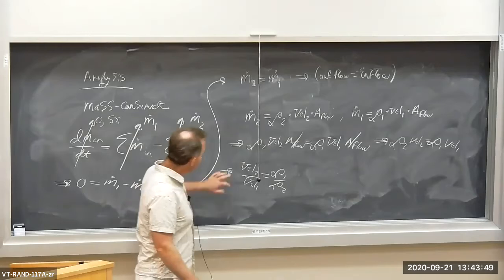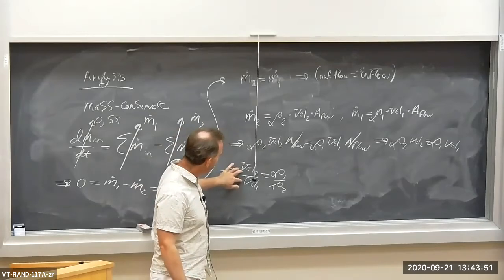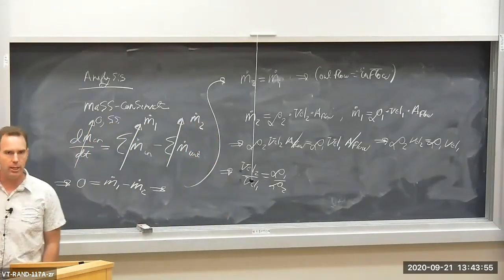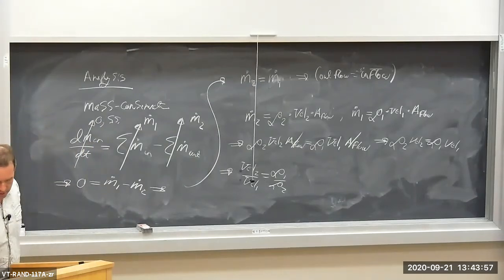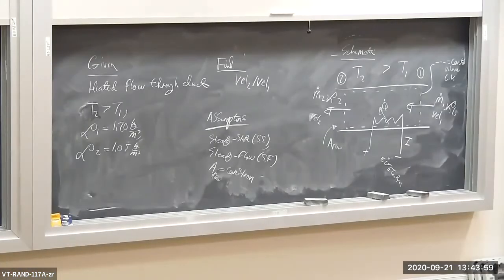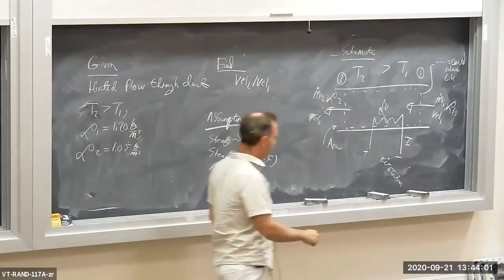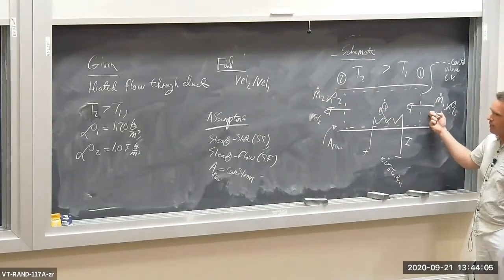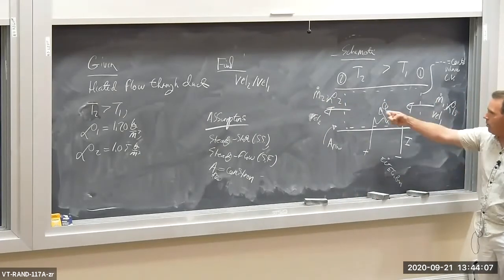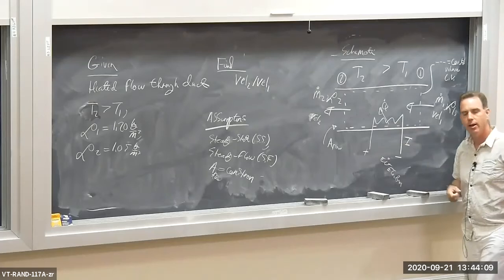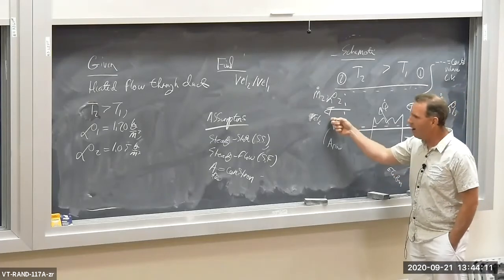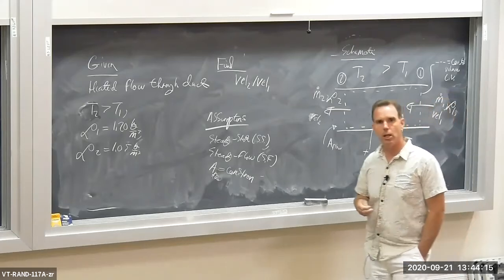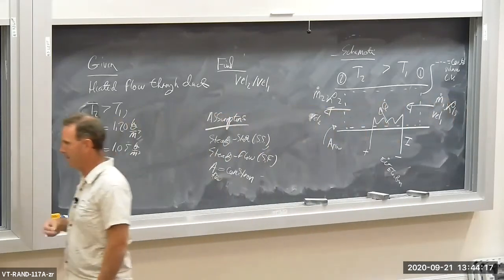So the ratio of the outlet to the inlet velocity is equal to the inverse of the ratio of the densities. What that says is, my inlet density is highest and the outlet density is lowest, that means my outlet velocity is going to be high and my inlet velocity is going to be lower.